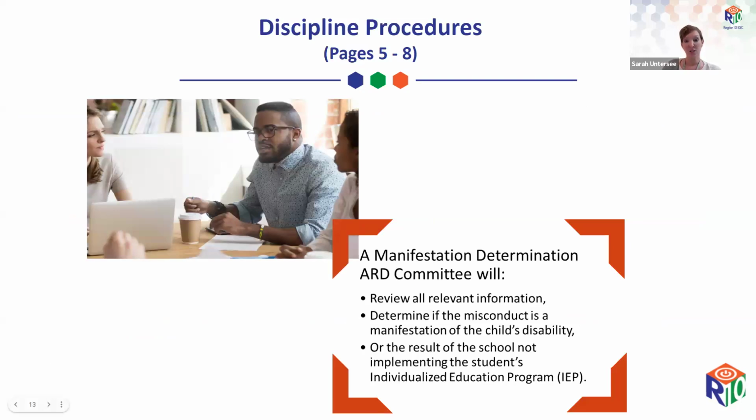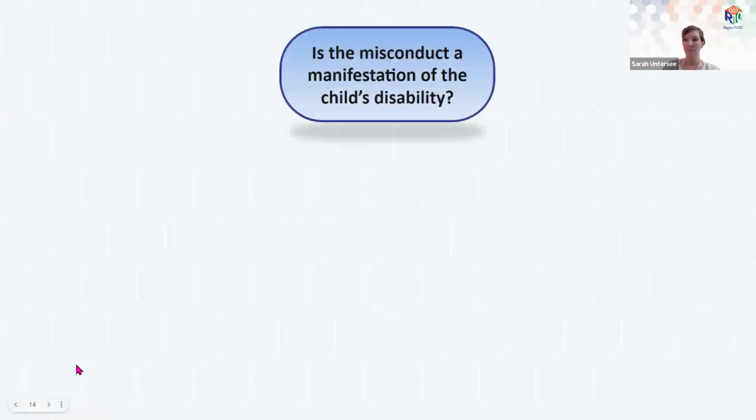The Manifestation Determination ARD Committee will review all of the relevant information and will determine if the misconduct is a manifestation of the child's disability, or if it's the result of the school not implementing the student's individualized education program. Is the misconduct a manifestation of the child's disability?